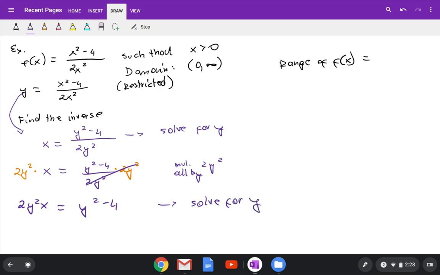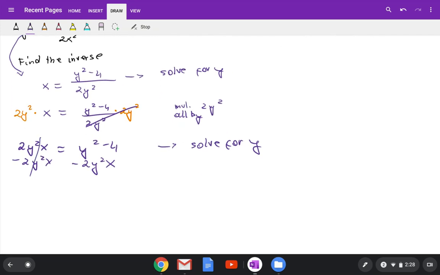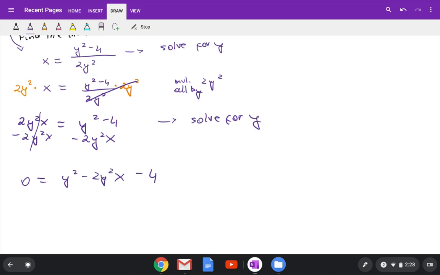So I'm going to solve for y squared. I will subtract 2y squared x from both sides. So that will give me 0 equals y squared minus 2y squared x minus 4. And I will move 4 to the other side by adding 4.